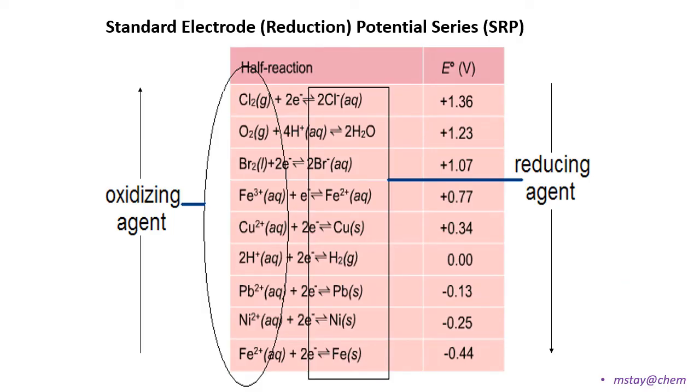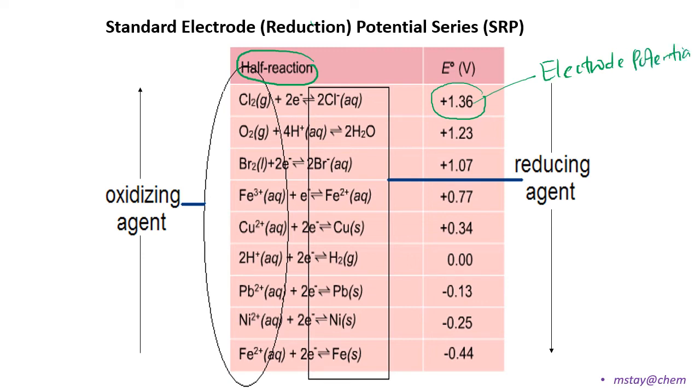So basically, after we calculate the half cell, when we measure the half cell, the value that we get is known as electrode potential.